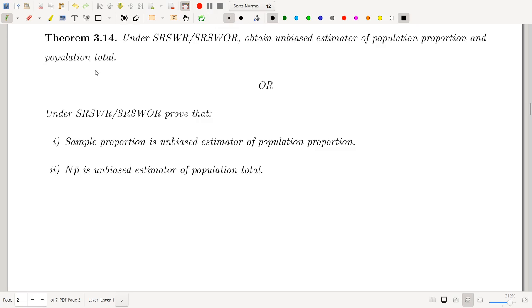Now look at this theorem. Under SRSWR or SRSWOR, obtain an unbiased estimator of population proportion.